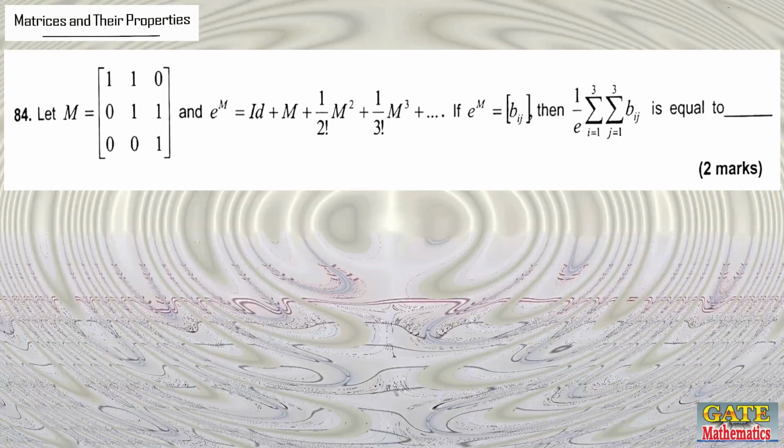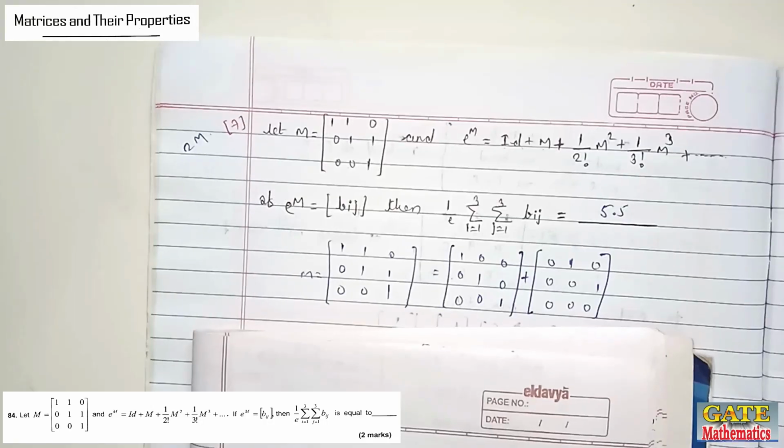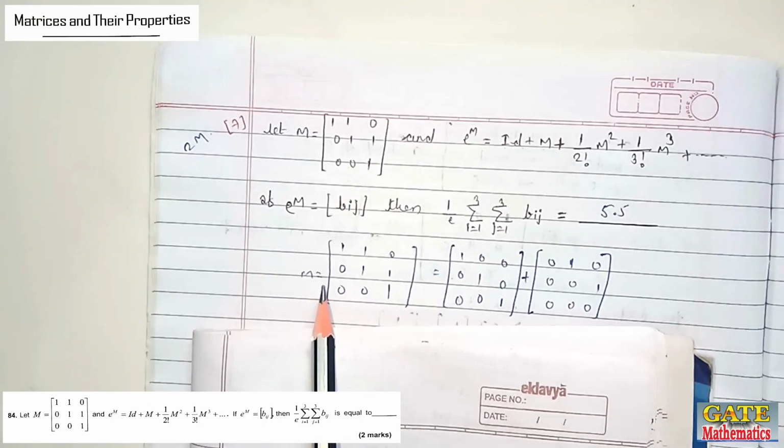We'll go for the detailed understanding of today's solution. The matrix M is given as 1 1 0, 0 1 1, 0 0 1.